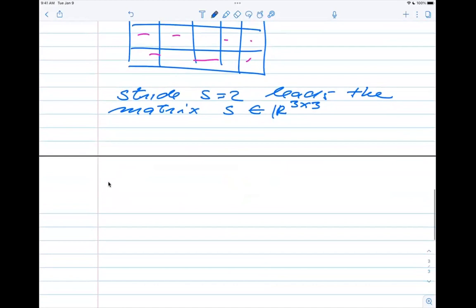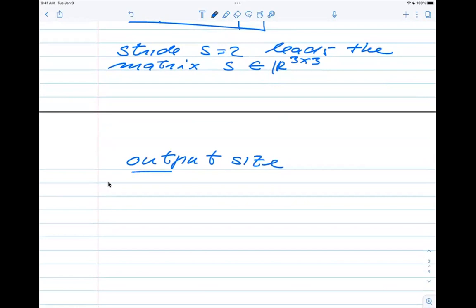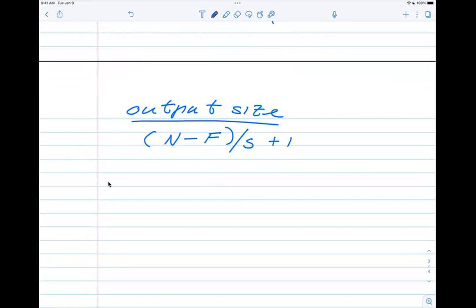You can easily see this by the following formula when we are looking at the output size. The output size can be easily calculated by the following formula. Now I'm looking at the square matrix, and I'm going to change this formula when we are looking at a matrix which is non-square just a little bit later. So we would have n minus f, where f is the dimensionality of the filter, still a square filter, divided by stride plus 1. And you can see the example here if we put n equal to 7.